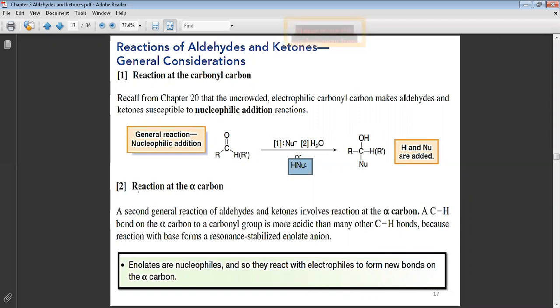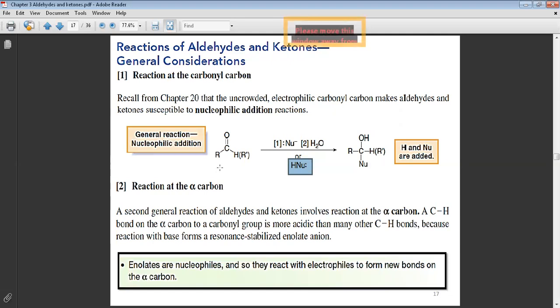The second one, reaction at alpha carbon. That means number one, reaction at the carbon of the carbonyl. The second one, reaction at alpha carbon. Because the carbonyl group is a withdrawing group, not donating, it makes the hydrogen at alpha carbon acidic.